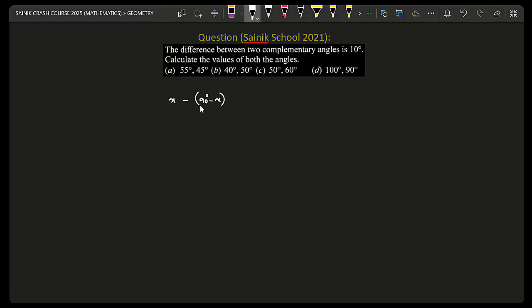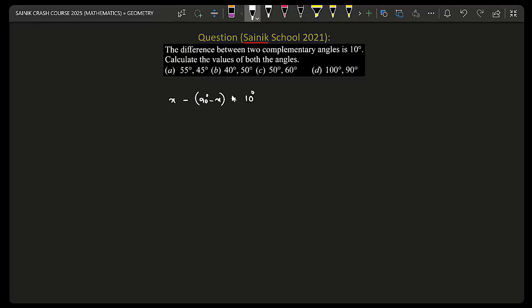So x minus (90 degrees minus x), what is the difference? From the question, what is the difference they said? So 10. Why can't you write 10? Why are you complicating the things? This is 10 degrees, right?